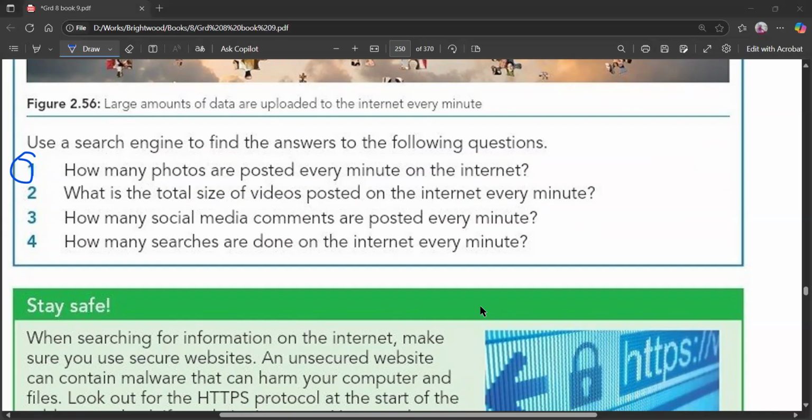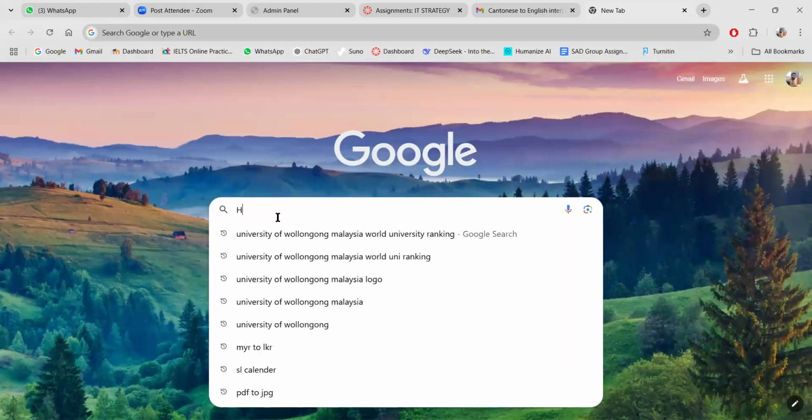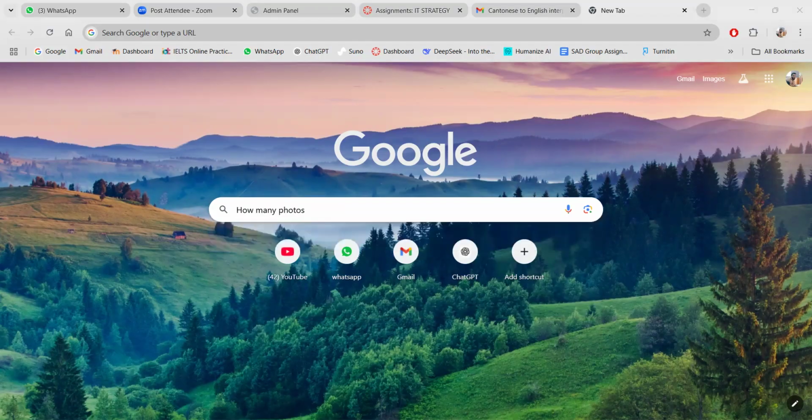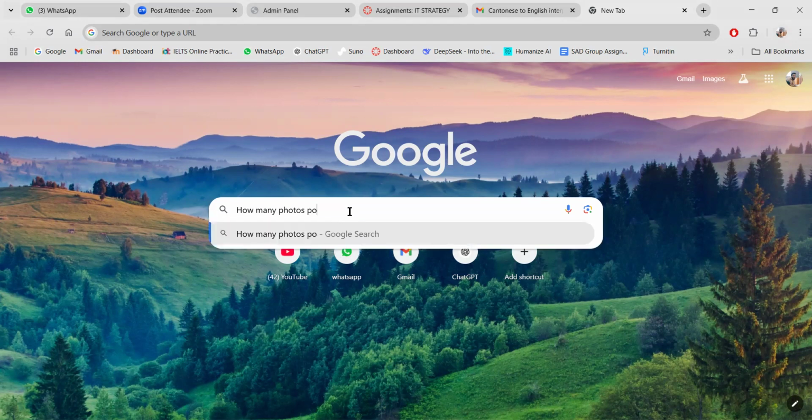If I go to Google, we just type: how many photos posted every minute on the internet.